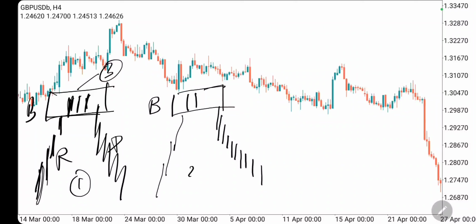That is not to say that a drop base drop supply zone might not work sometimes, it might, but the rally base drop is of higher strength and higher probability of success. Likewise, a rally base rally zone might work sometimes, but the probability is lower compared to the drop base rally demand zone.